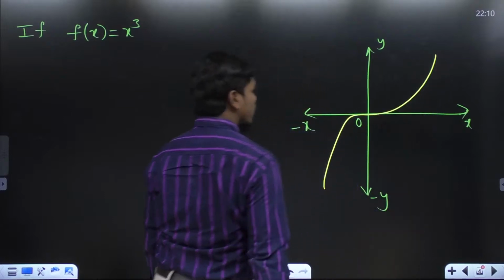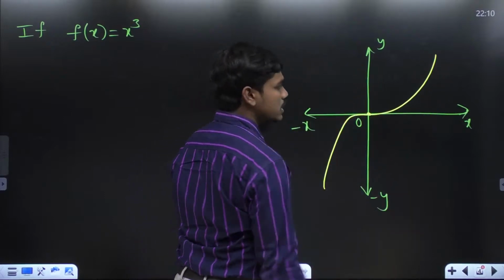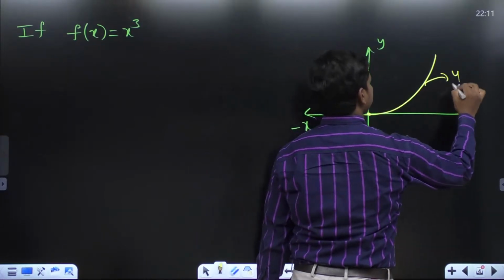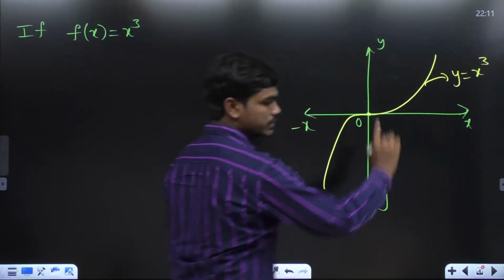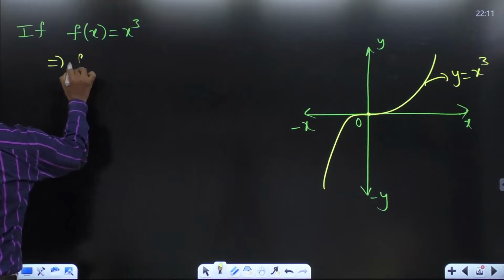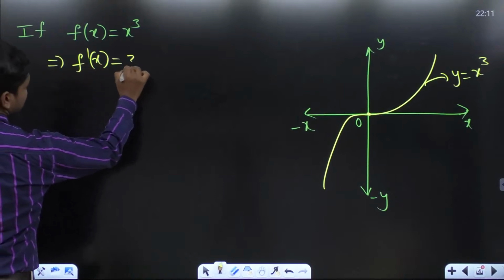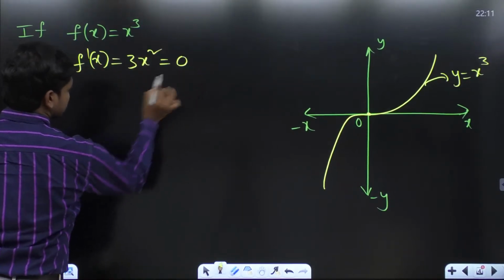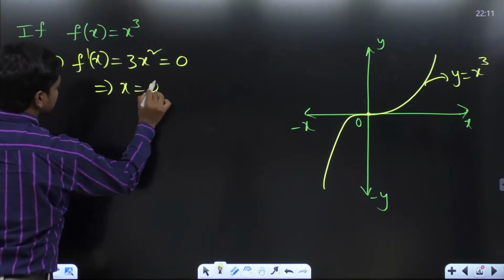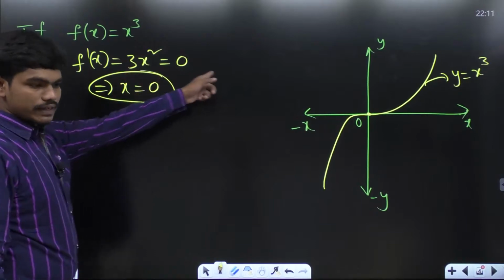You can find a point of inflection here where f of 0 is 0, because when you put x equal to 0, the y value is 0. And f dash of x is equal to 3x square. So if you equate the first derivative to 0, you get the stationary point as 0, correct? Because x square is equal to 0.